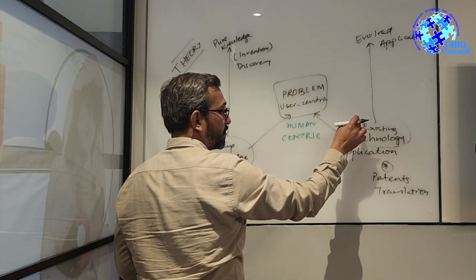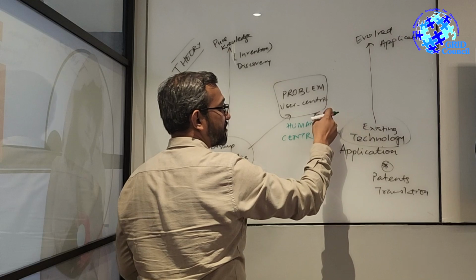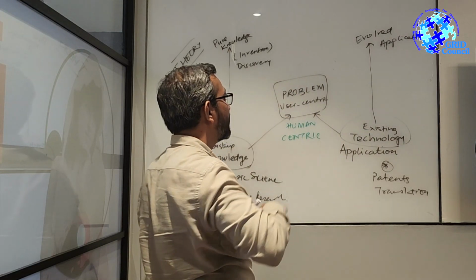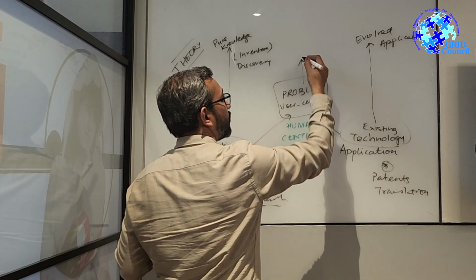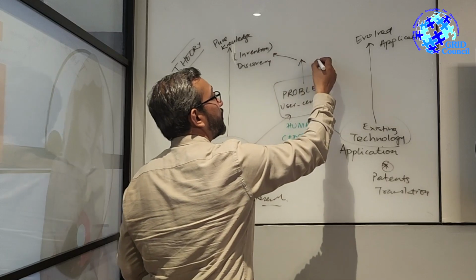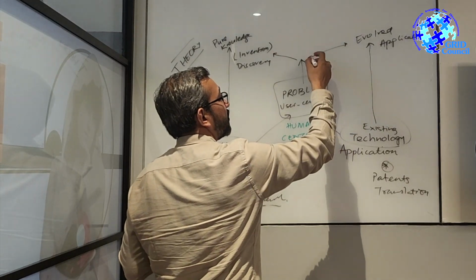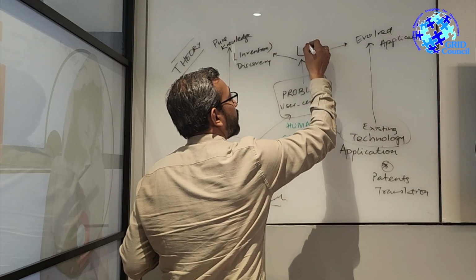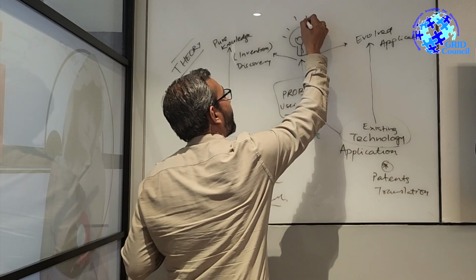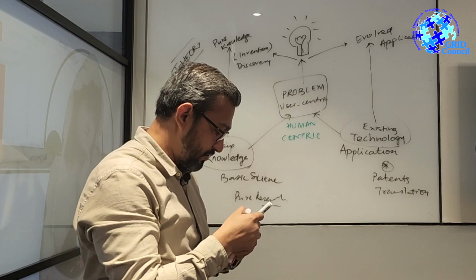Similarly, you are improving the existing technology in a way that again solves a problem. So this actually leads you to a position where you have better theory and more evolved technology, which is again usable. So that's your aha moment.